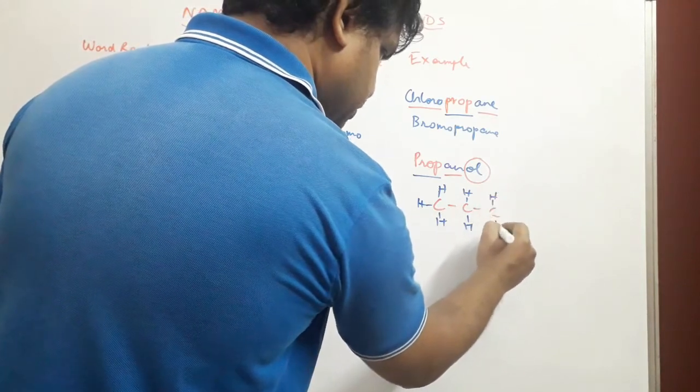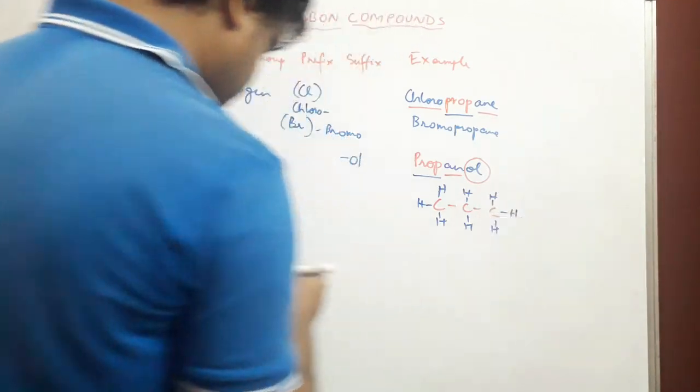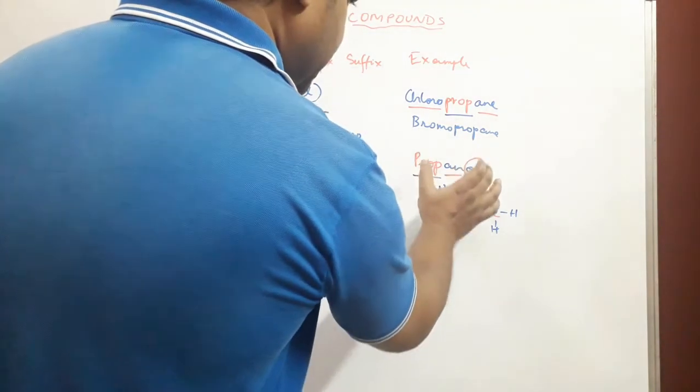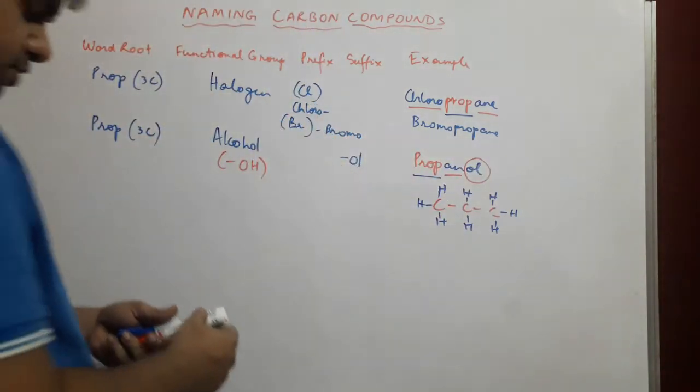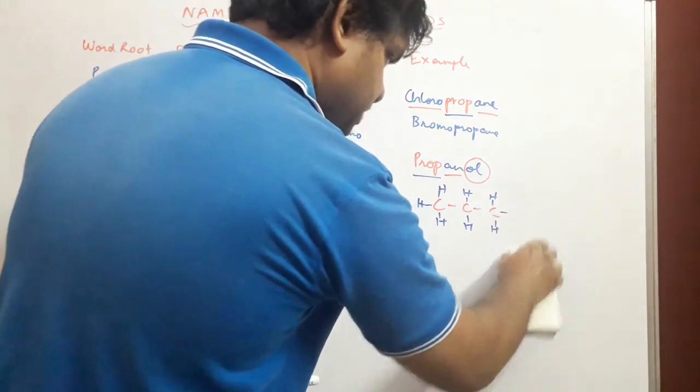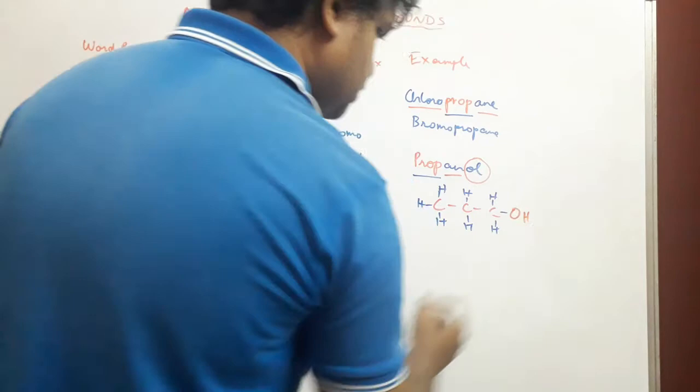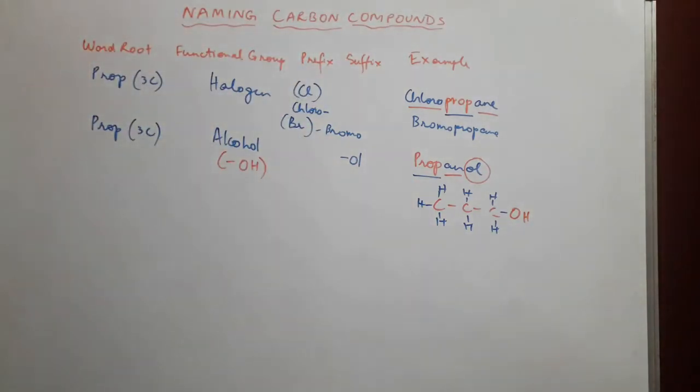This is how propane should actually look. But because we have an alcohol group attached, we'll replace this hydrogen atom with an alcohol group, that is OH.